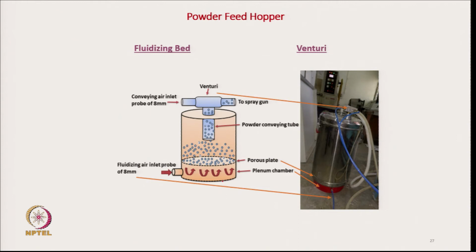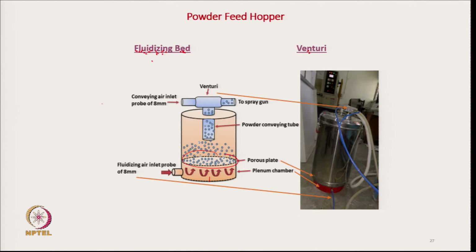This fluidizing bed consists of a fluidizing air inlet, plenum chamber, porous plate, and when the air enters from the bottom of the porous plate, and the powder is placed here, with the air pressure the powder actually starts boiling like a fluid, that is why it is called a fluidizing bed.